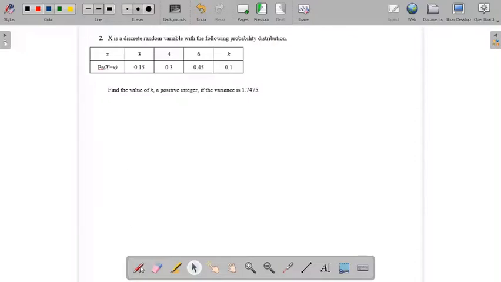So we work it out by going, we need to find expressions for E of X and also an expression for E of X squared, and use our variance formula.